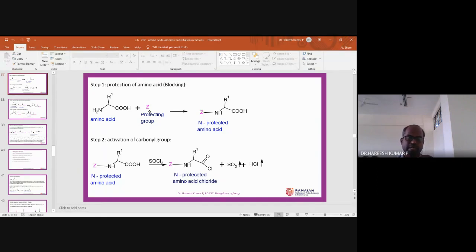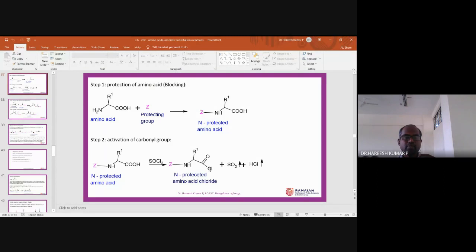We are discussing nearly three amino protecting groups. Before that, you should be aware of the peptide synthesis. The first step is the protection of the amino group. Now the obtained N-protected amino acid is activated by treating with thionyl chloride. Activation is nothing but a conversion of carboxylic acid to acid chloride.